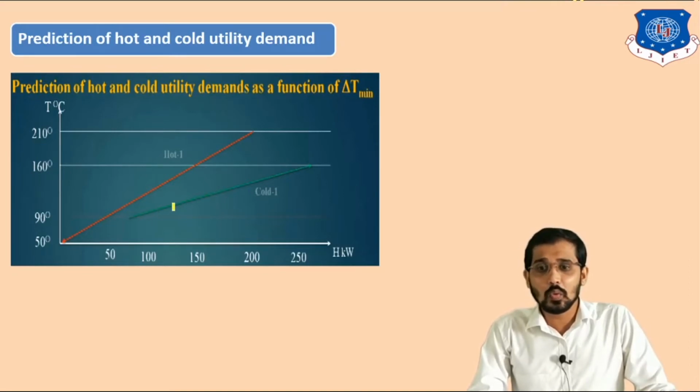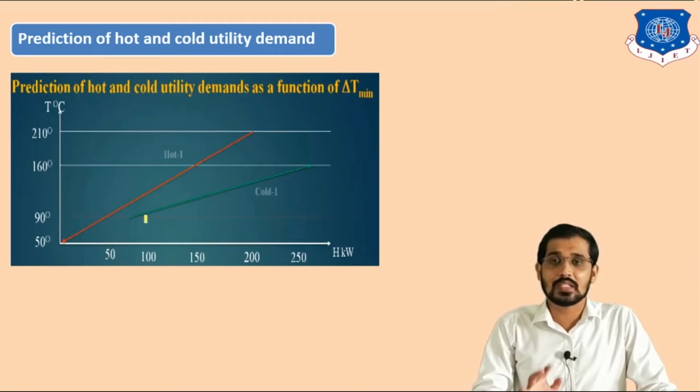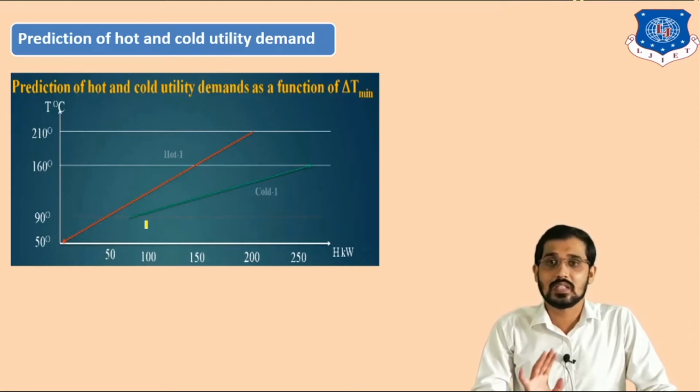If the cold stream is moved towards the hot stream, the delta T minimum value reduces. But if I move the cold stream away from the hot stream, the delta T minimum value increases. At the same time, if delta T minimum increases, the heat transfer rate also increases.